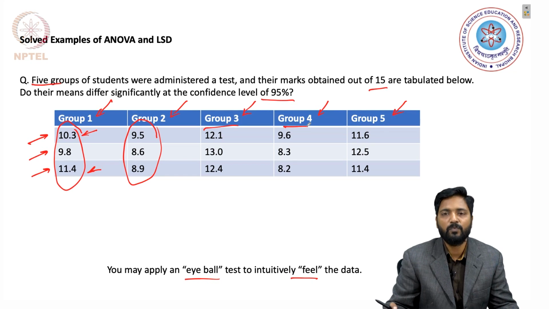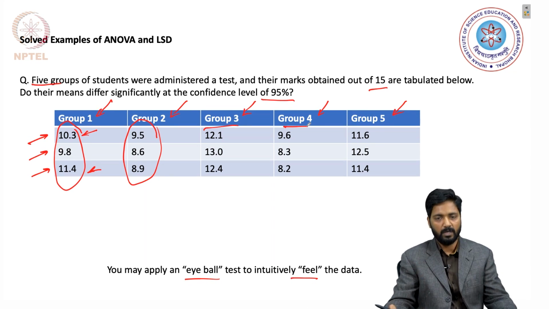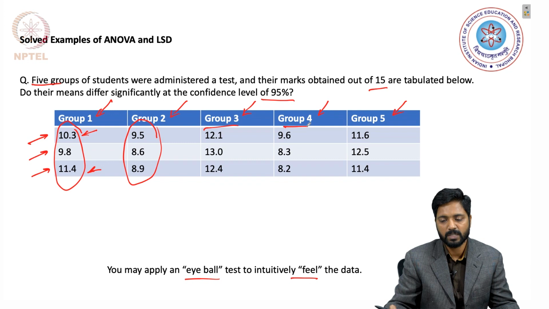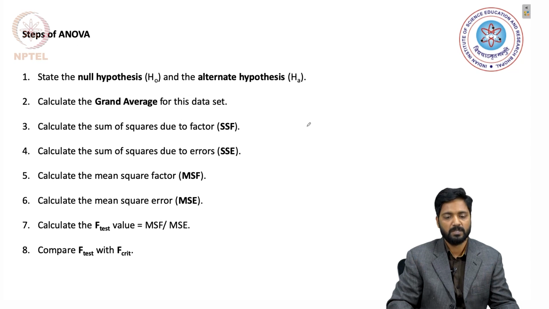So visually also this data indicates that there may be differences between the mean values of these groups, and now we will perform a detailed analysis of variance on this data set to check whether this indeed holds true or not. So the protocol enlisted is here.